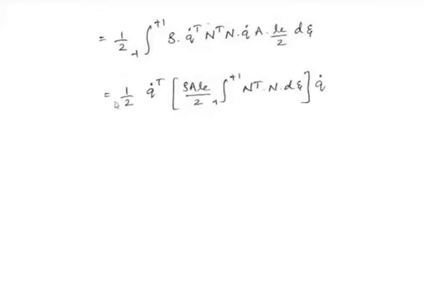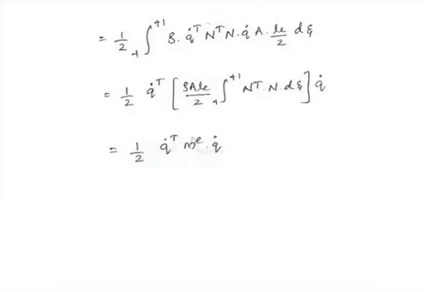So I take half q dot transpose, and rho A Le by 2 are constant terms, common, integration -1 to +1 N transpose N d zeta into q dot. This I will call the mass matrix. So this will be half q dot transpose Me q dot.